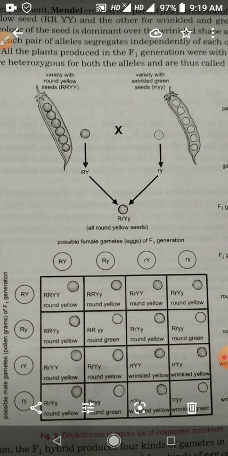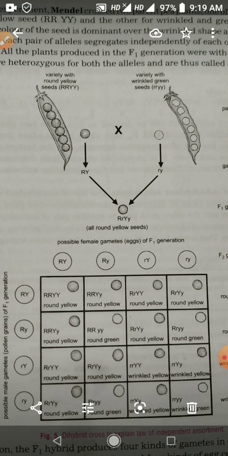Now yellow wrinkled: yellow is dominant, wrinkled is recessive, so 3/4 into 1/4, 3/16. And in green wrinkled, wrinkled is recessive, green is also recessive. So 1/4 into 1/4, 1/16.